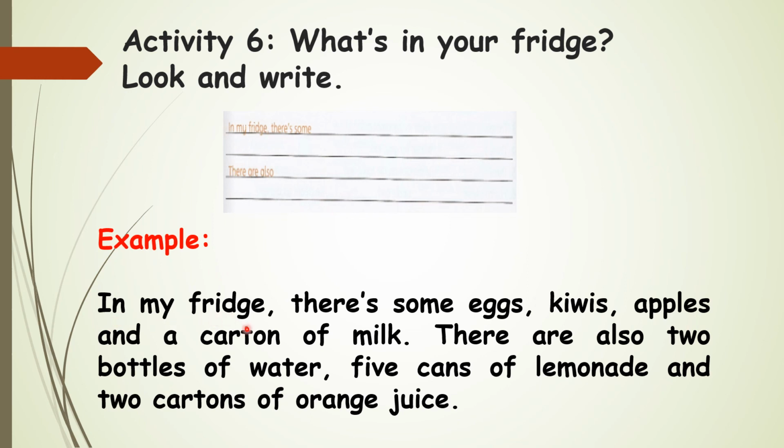In my fridge, there's some eggs, kiwis, apples, and a carton of milk. There are also 2 bottles of water, 5 cans of lemonade, and 2 cartons of orange juice. So for this activity, you can write anything that you like. You may refer to your textbook or you can write the things that you have in your fridge. Okay?